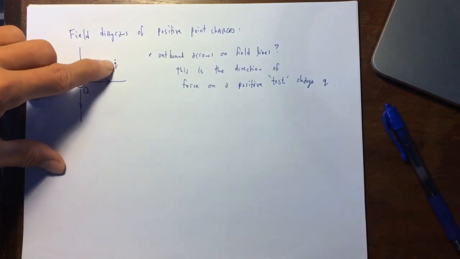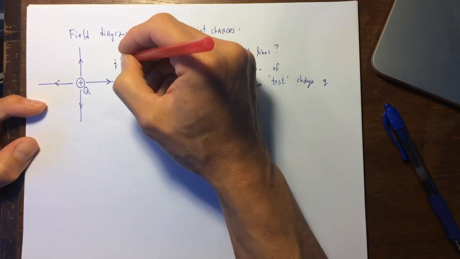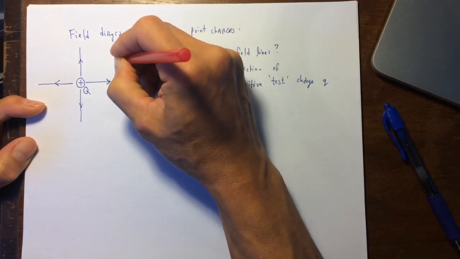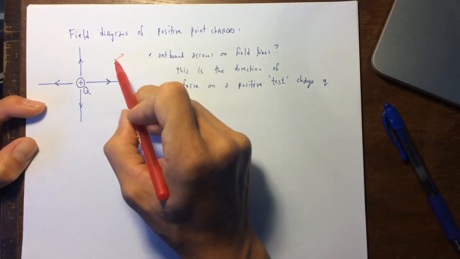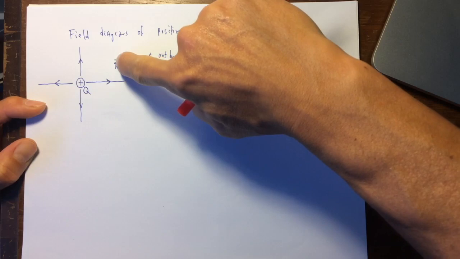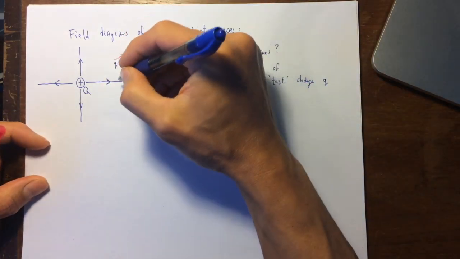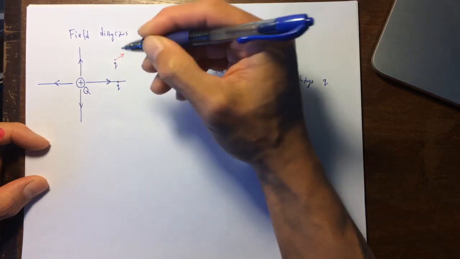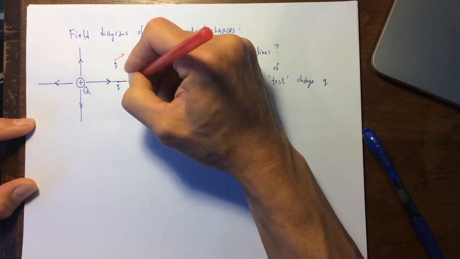And I find that the strength of the force is, say, this big. And it also points outwards. If I was to put this little charge q here instead, we'd find that the force was like that.